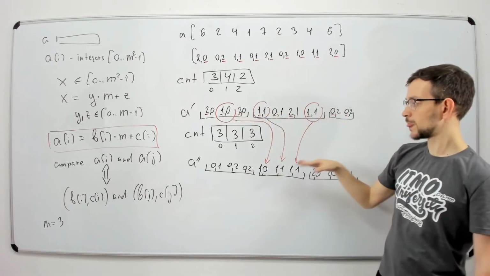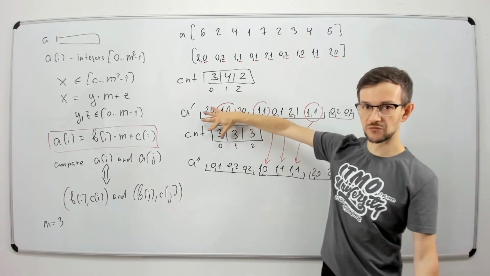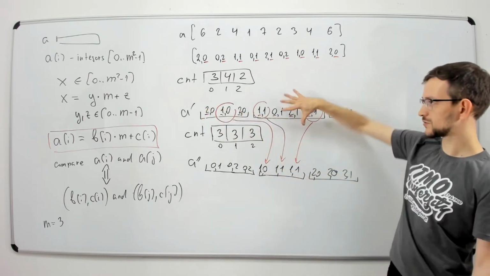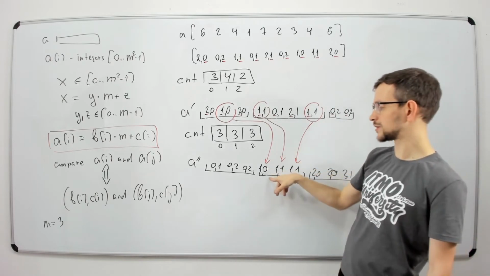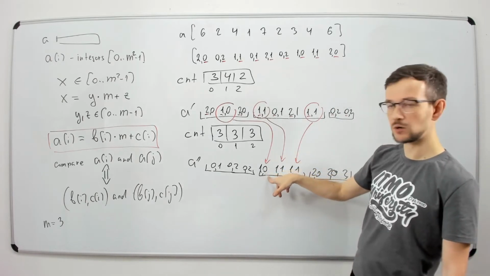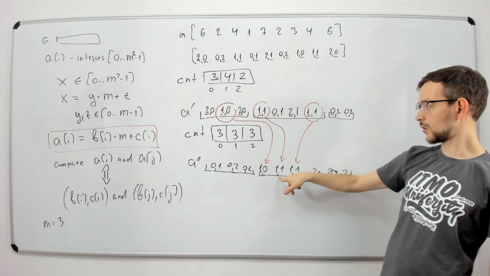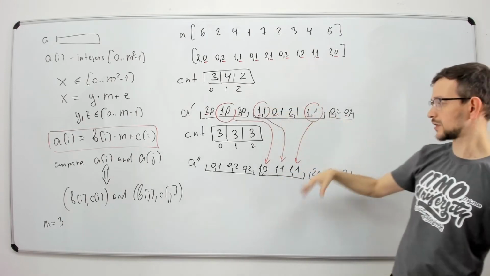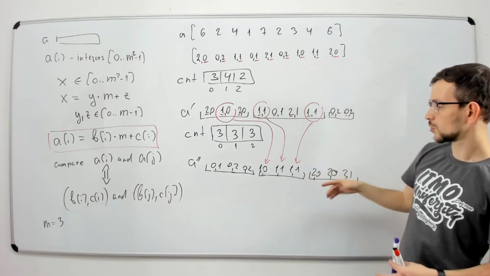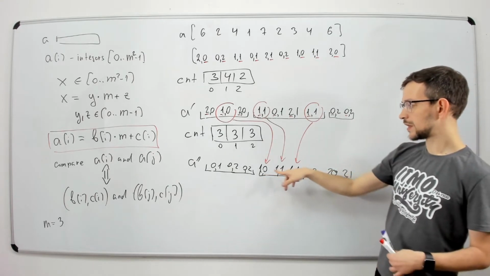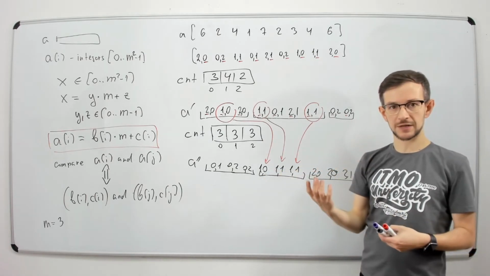So first we have all elements with the second key equal to 0, then all elements with second key equal to 1, and then second key equal to 2. So inside each bucket, the pairs will be sorted by the second element of the pair.